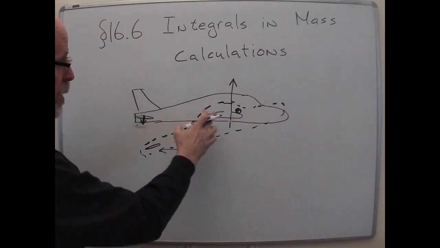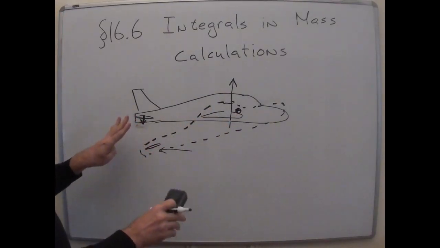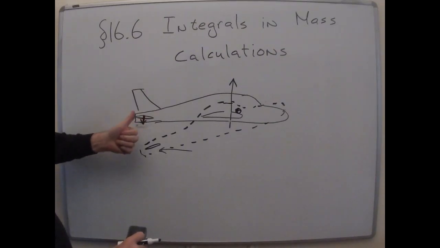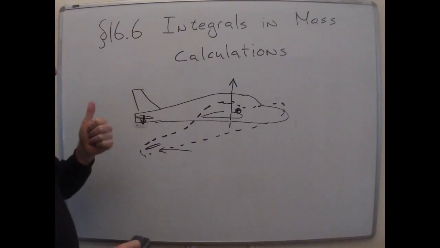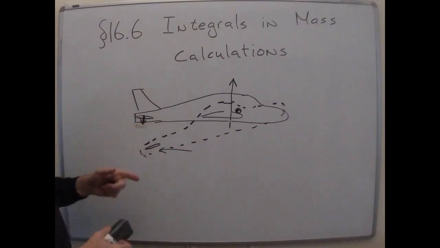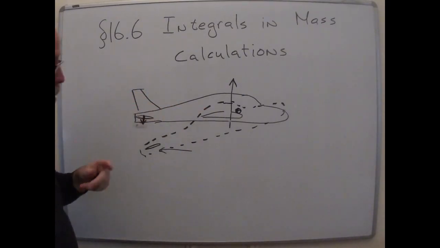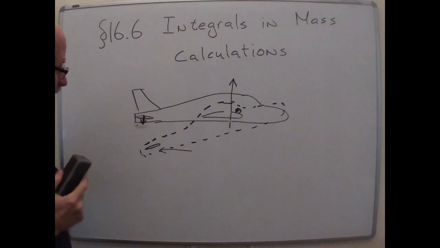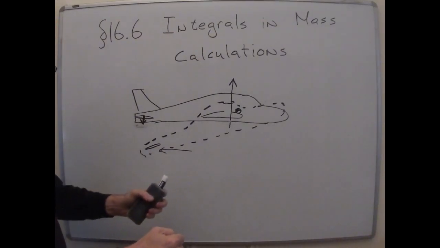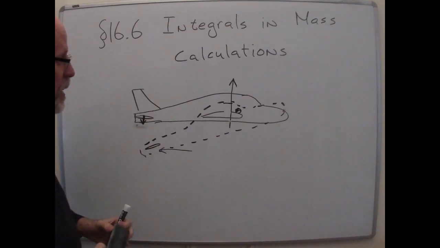And if you load up the airplane in such a way that the center of gravity ends up back here, then in ordinary flight, the elevator has to be providing lift. And now you're in a situation where the changes that normally make the airplane stable don't happen anymore. So moving the center of gravity the wrong side of the center of effort of the wings is extremely bad. It gets you in a position where you have to manually control the flight of the airplane. You can't just let it go.